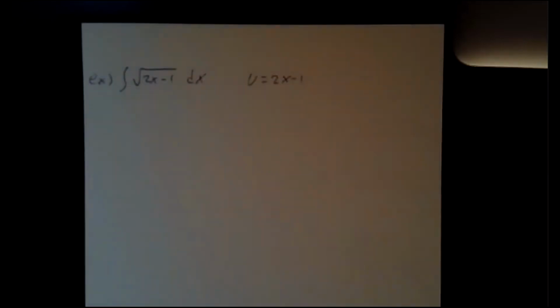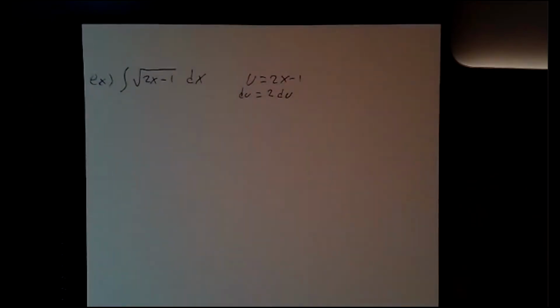There's only one thing to substitute, right? 2x minus 1. Yeah, that's right. du will be 2, and then we'll have the 1/2 power. Yeah, we'll have to do that in a little bit. Once we do the sub, we'll have to deal with that 1/2 power. But currently, we did the u.